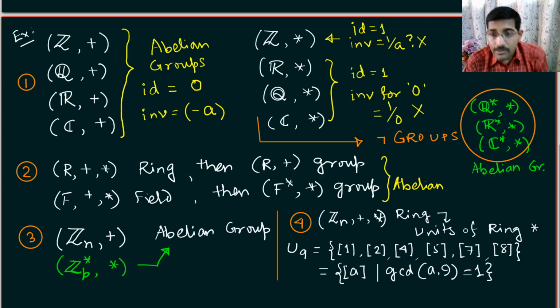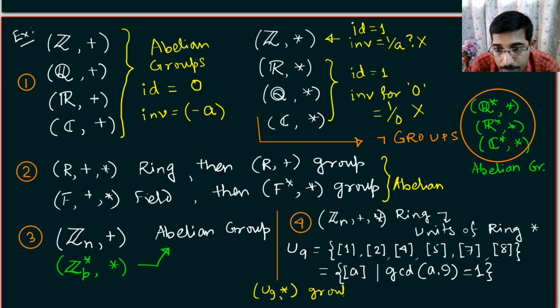So now you will easily find that this is an example of a ring under multiplication. So U9 with star will form a group, in fact, an abelian group. Here the identity element is 1.